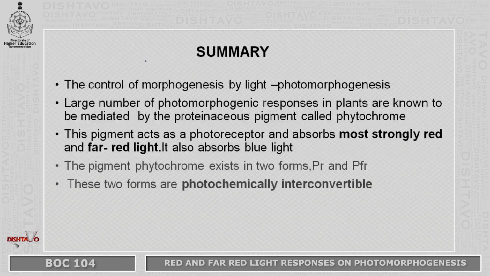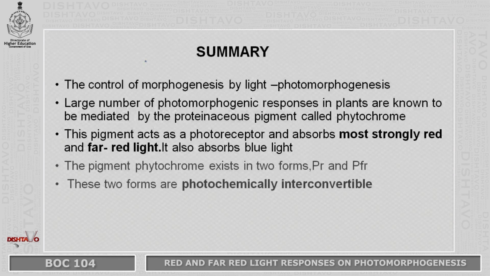I will give you a gist of the entire session that I spoke on, in this slide. What is photomorphogenesis and the details on it, in this slide, that is the summary. The control of morphogenesis by light is photomorphogenesis. A large number of photomorphogenic responses in plants are known to be mediated by the proteinaceous pigment, which is a photoreceptor called phytochrome.